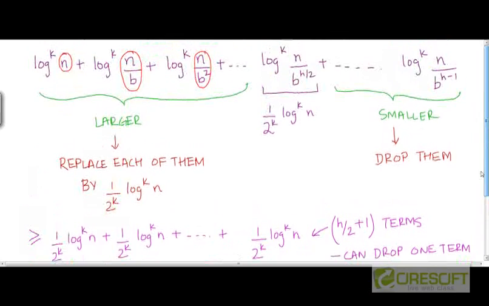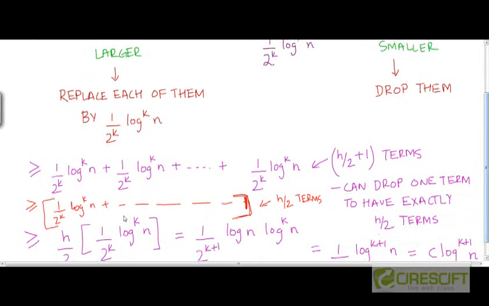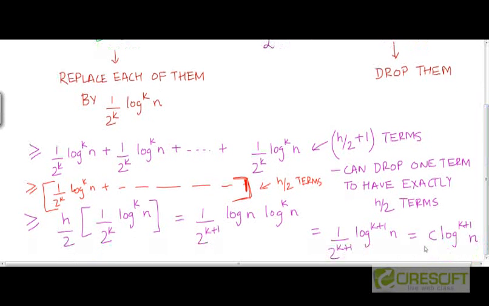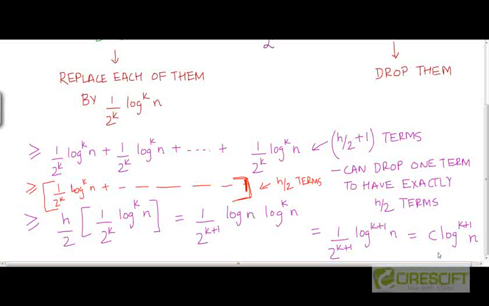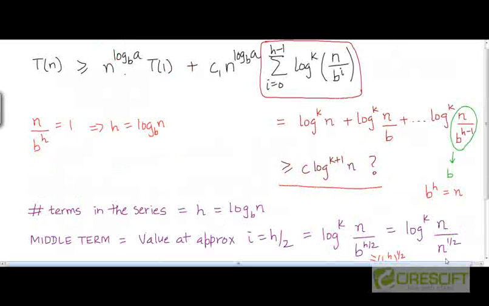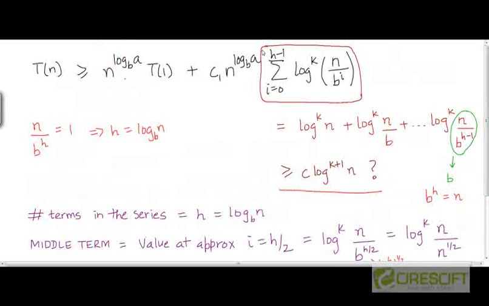This series is greater than or equal to this cut down series, the value of which is some constant multiple of log to the power k plus 1 of n. This means that we can take this value and replace this entire summation by that lower bound.